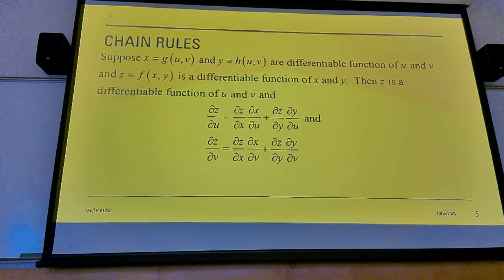Call them u and v. Then you have a partial of z with respect to u and a partial of z with respect to v as given there. But again, you could just substitute your functions in for x and y, and then find the partials normally.